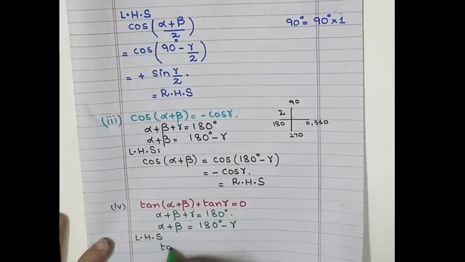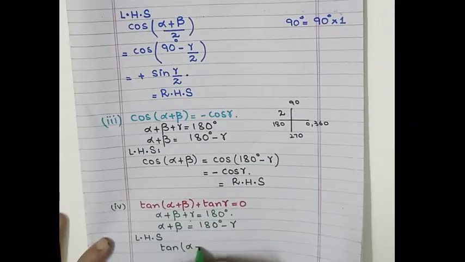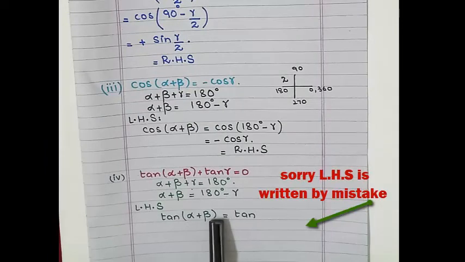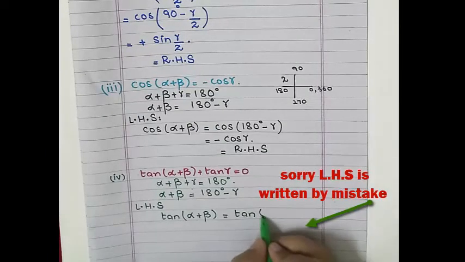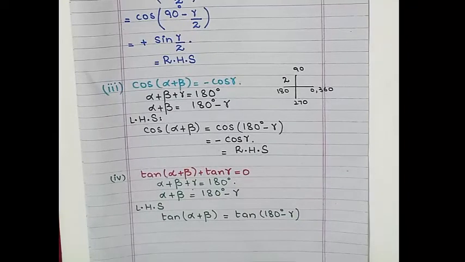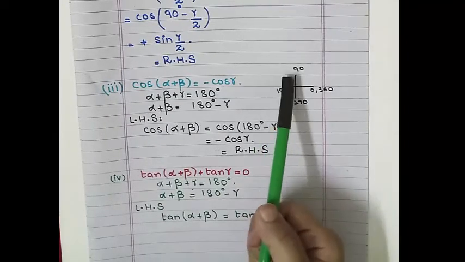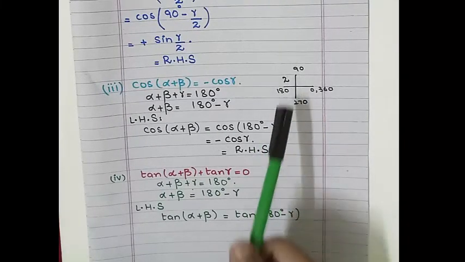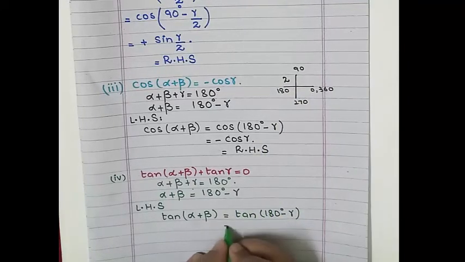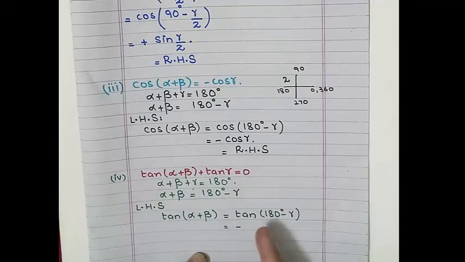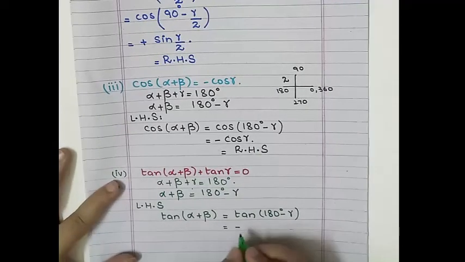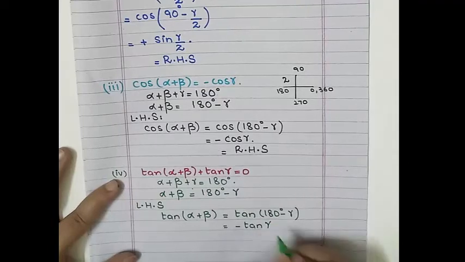So applying tan to alpha plus beta, which is 180 degrees minus gamma, it means second quadrant, in which the value of tan is negative. So we have minus, and 180 being an even multiple of 90 degrees, tan will remain the same. So we have minus tan gamma.